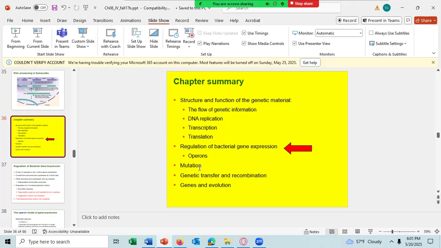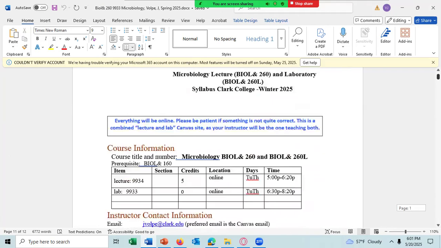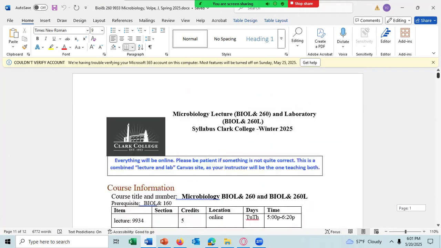On Thursday, we'll talk about mutation, genetic transfer and recombination, and genes and evolution. Do we have time for that? Yeah, we do have some time on Thursday. We're talking about chapter 8. I'm going to warn you that I'm going to have to leave about 6:10, so I'm going to close the class a little bit early.